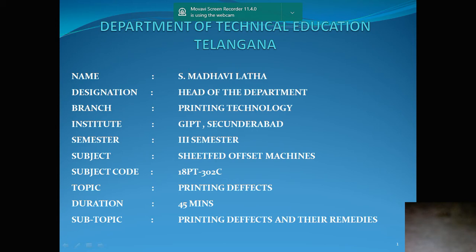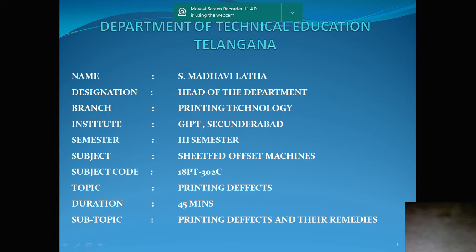But at this juncture, we discuss the defects and problems we face while printing on the machine. Some of these problems are related to printing ink, some to paper, some to the blanket, some to the feeding unit and registration unit, and some to the transferring and delivery unit.